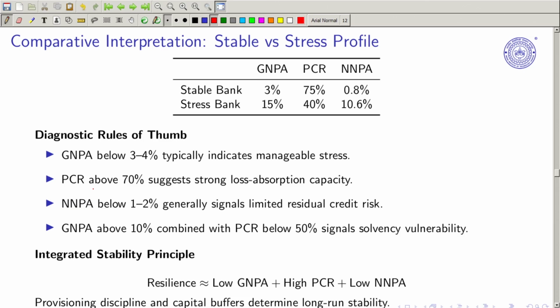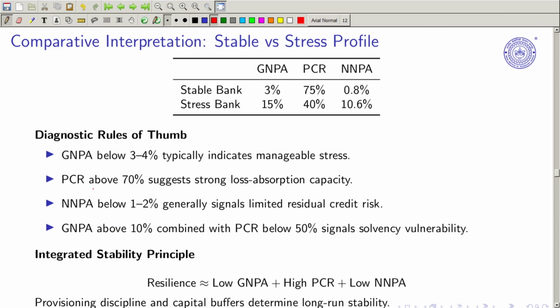And net NPA is 0.8%, which means that with a low GNPA of 3%, you have proper provisioning of the loan losses. It means the bank is reducing the credit risk to almost zero, and this will bring a lot of confidence. Even though you have to keep a check on the GNPA, because 3% is still recognizable, you have good backing, that's why your NNPA numbers are much lower.